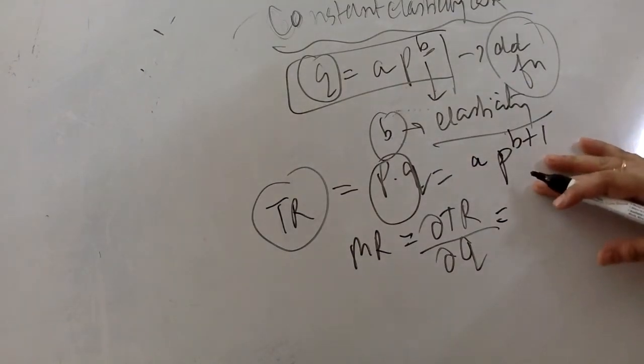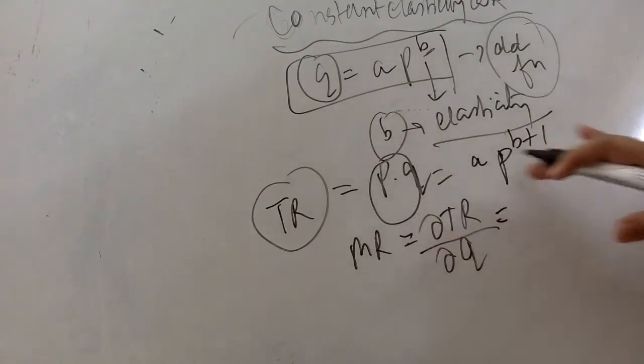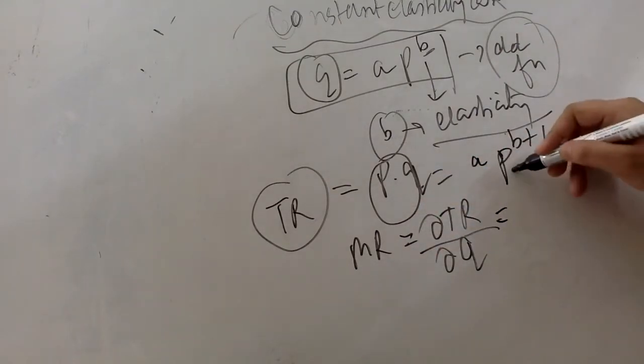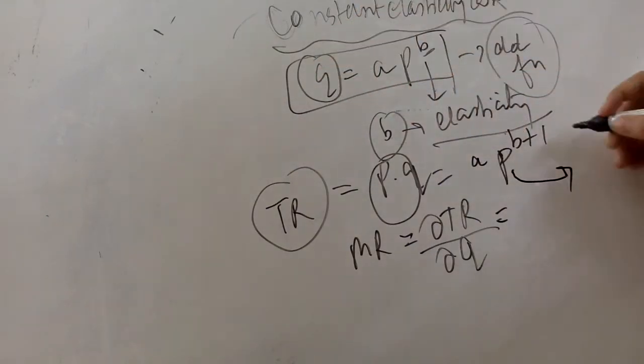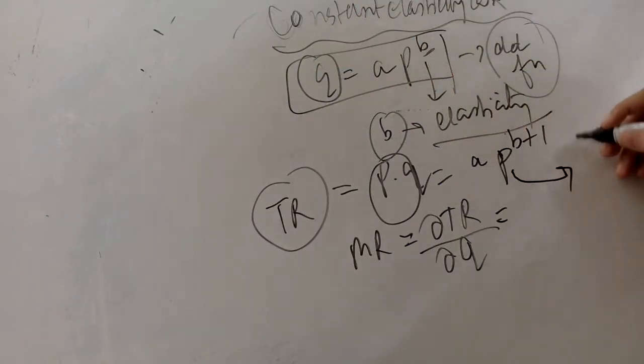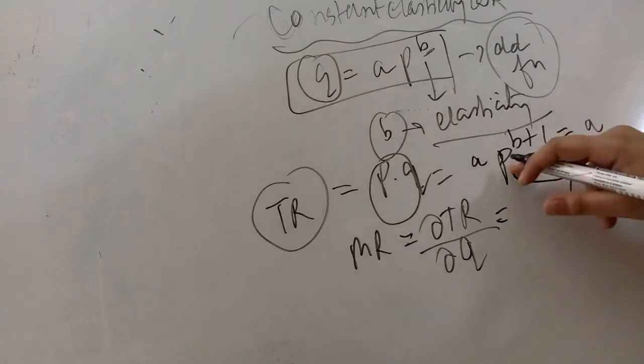Okay, just one little correction here. For total revenue, we want to compute it in terms of quantity. So instead of P, I can replace the value of P in terms of quantity here. So this becomes A into the P value.